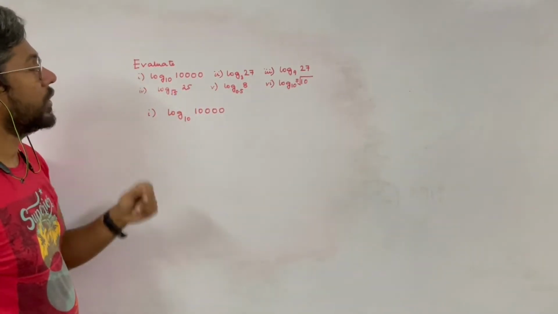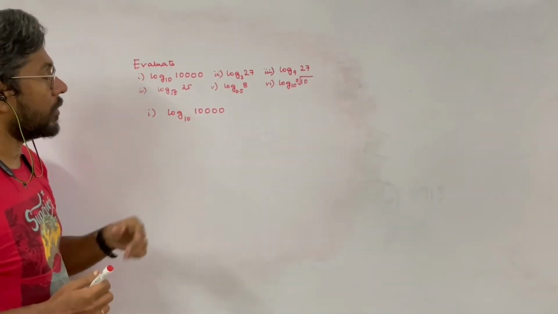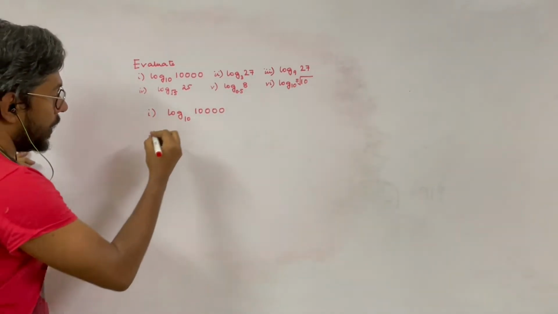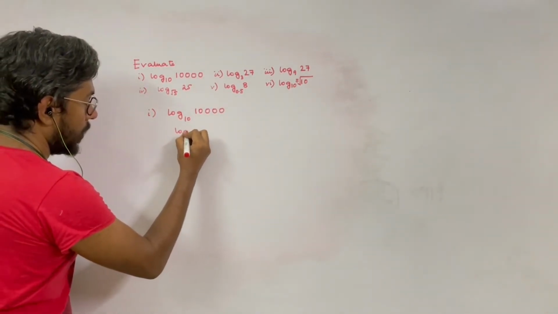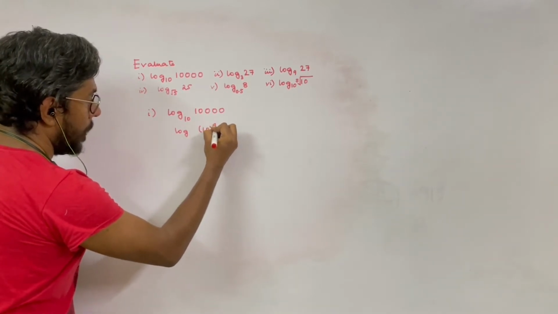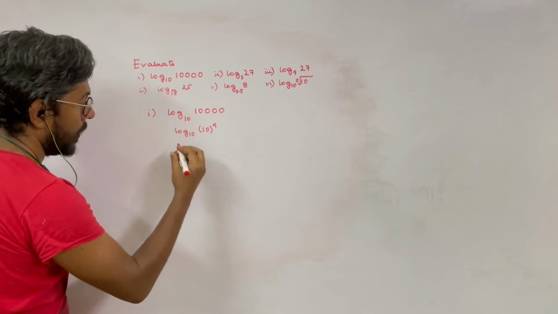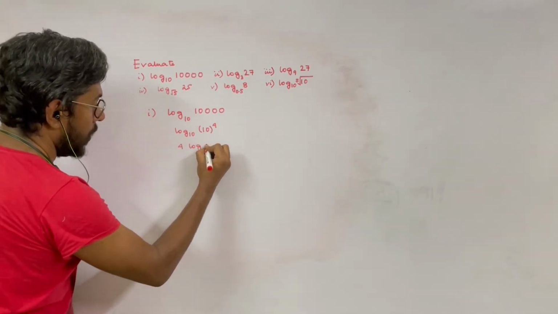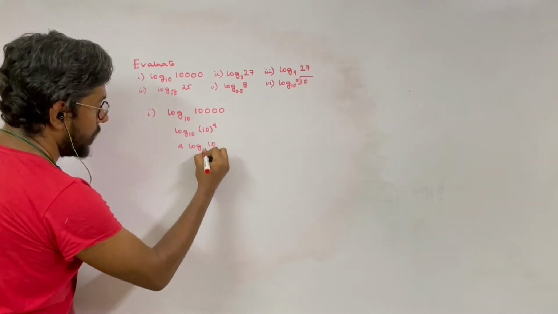The first sum is to evaluate. Now let us start off with the first part, which is log 10,000 base 10. This can be written as log 10 to the power 4 base 10, which can also be written as 4 log 10 base 10.